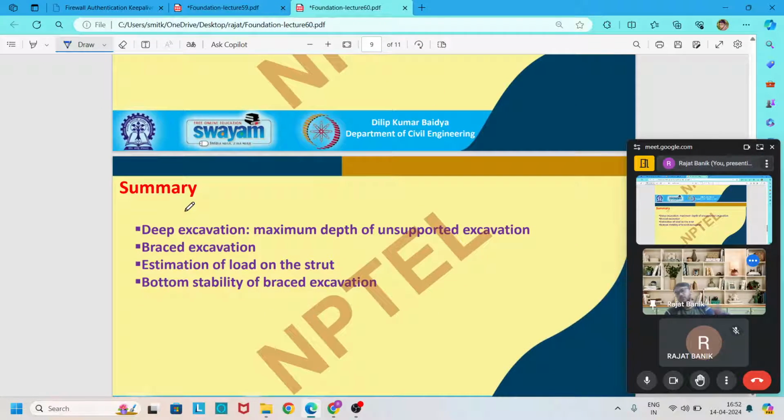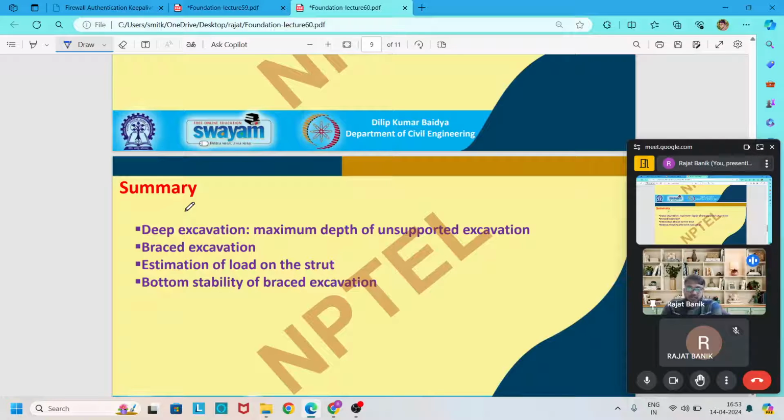Then we study the deep excavation, for which we mostly use the strut system, also the brace system, which is used to stabilize the soil in the excavation or retain the surrounding wall in the deep excavation to avoid collapse.